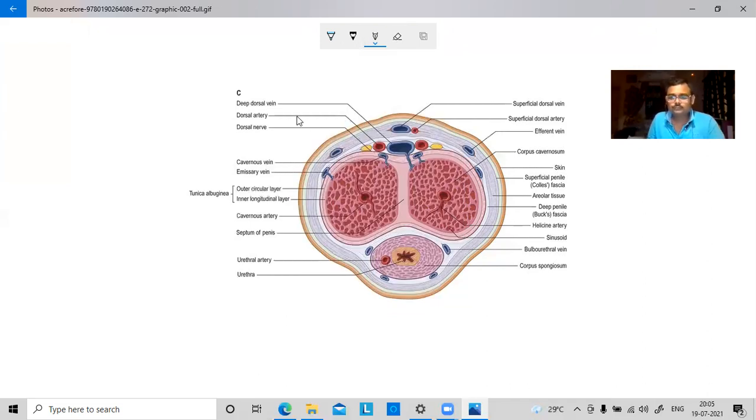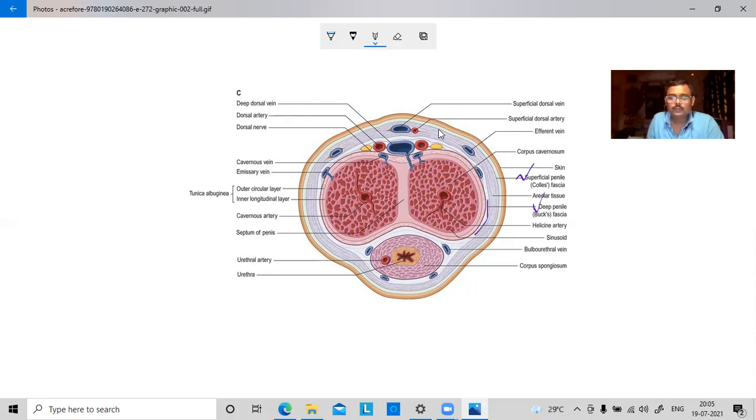This is the skin, and this is the superficial fascia, the superficial penile fascia or dartos fascia of the penis, and this is your deep fascia, and sometimes it is called the Buck fascia.